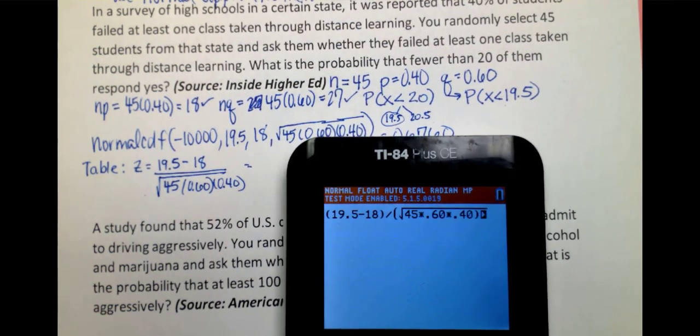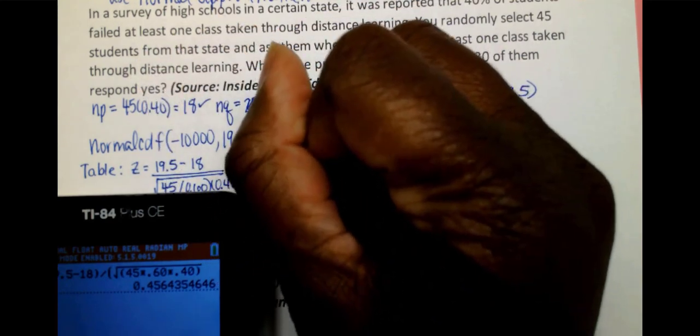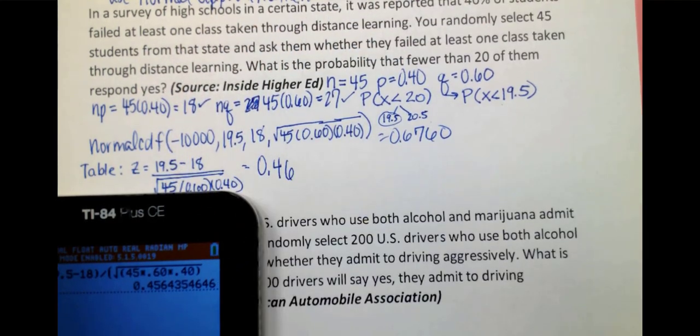Again, this gives us our Z. And we're going to use that area as is.